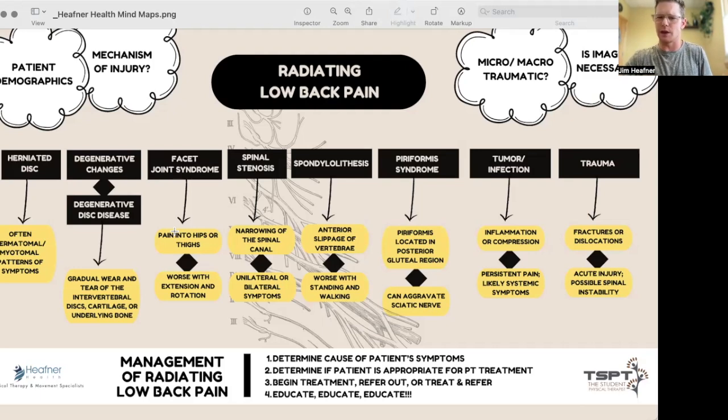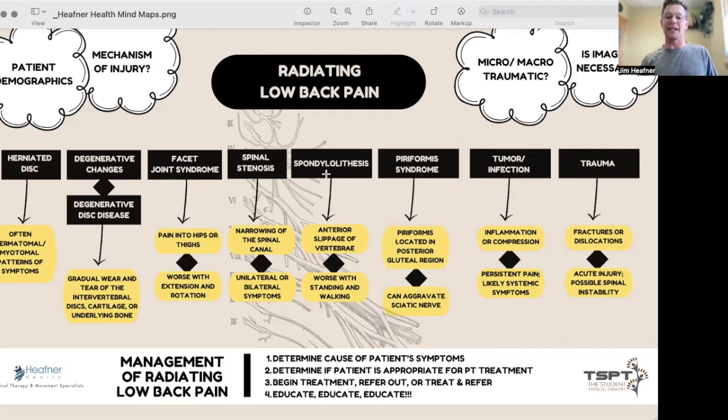We might still see unilateral, but we're more likely to see bilateral symptoms, which doesn't really change our treatment protocol unless it's severe spinal canal stenosis, which means they might need a decompression or some sort of surgical intervention. But overall, the location of stenosis should help guide what your treatment program or protocol is going to look like, and it should guide you from a diagnostic standpoint.